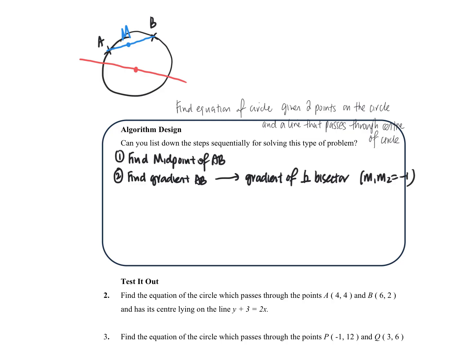So if I find the gradient of this perpendicular bisector, I have the point, I have the gradient. What can I find now? The equation of that green line.